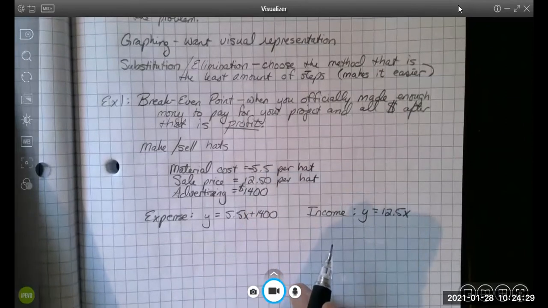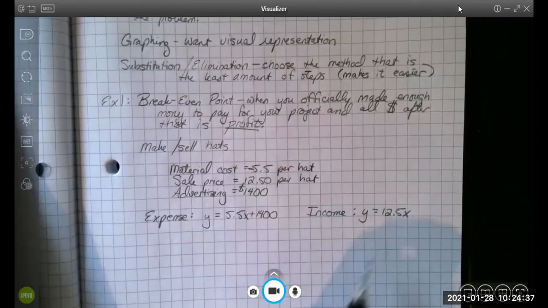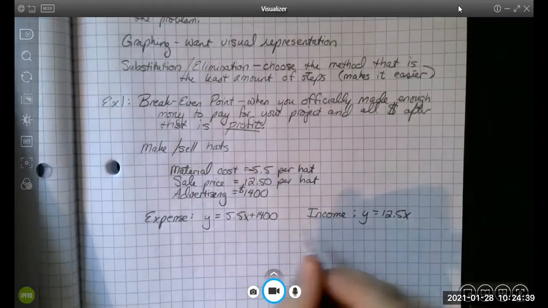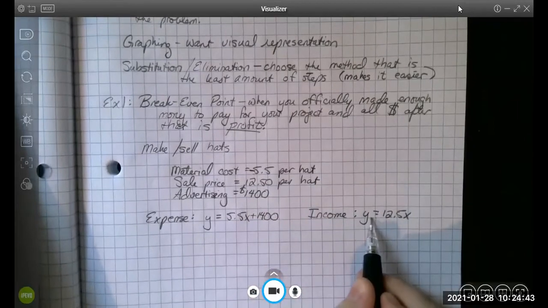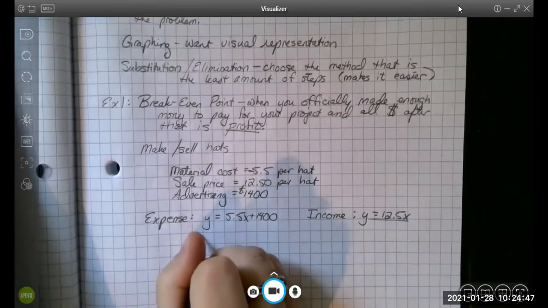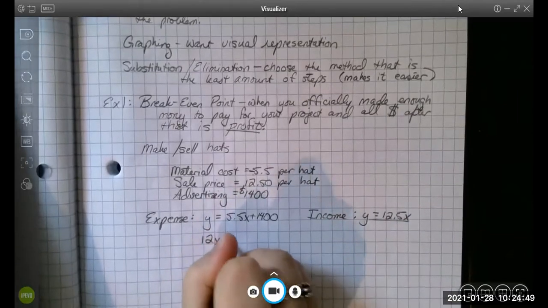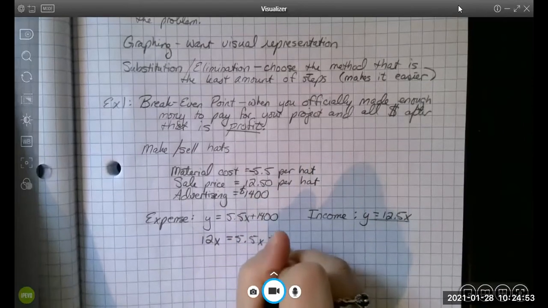So we have these two equations, and it looks like, honestly, substitution is the easiest one to manage. So when we substitute, what we're doing is we're going to say, all right, this is our income. I'm going to move it over here. So I have 12.5x equals 5.5x plus 1,400.